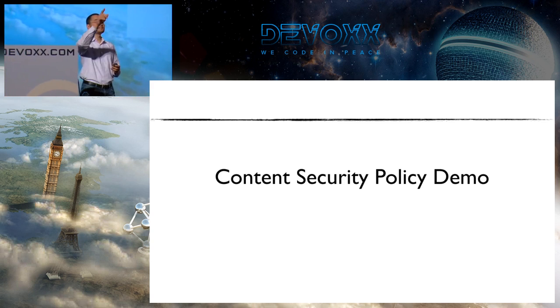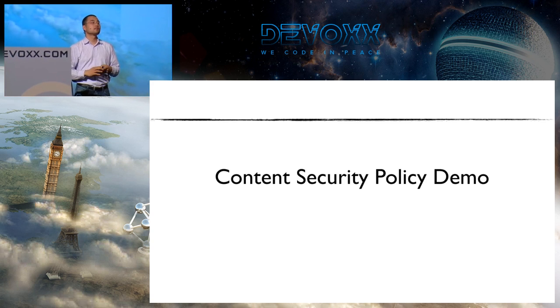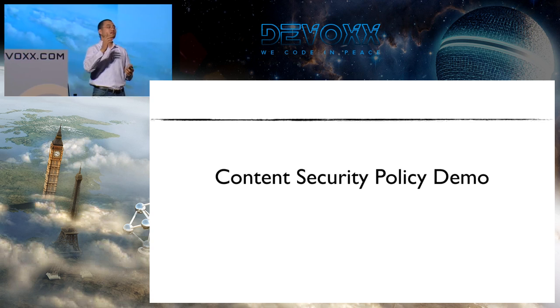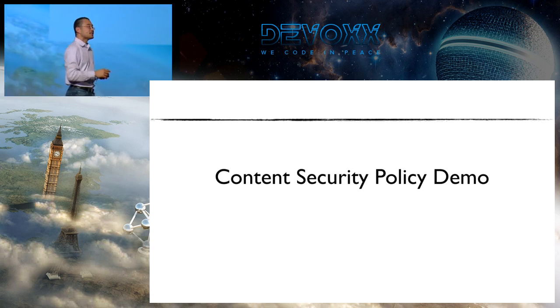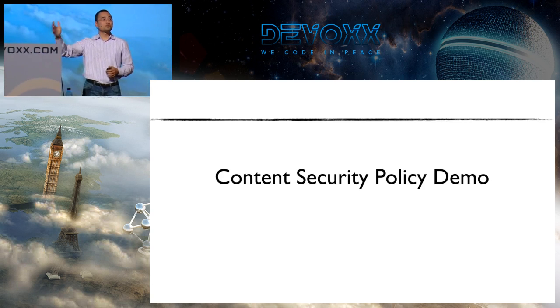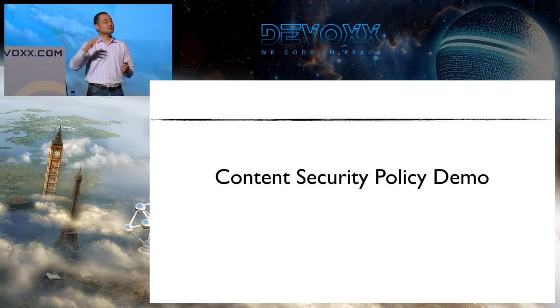Good. Anything else? Yes, in the middle. Is there stuff that I can do with X-XSS-Protection that I cannot do with content security policy? Good question. Is there stuff that you can do with the XSS-Protection header that you cannot do with the content security policy header? The content security policy header is much more robust, right? It gives you, as you've seen, a lot more options to whitelist different sites.